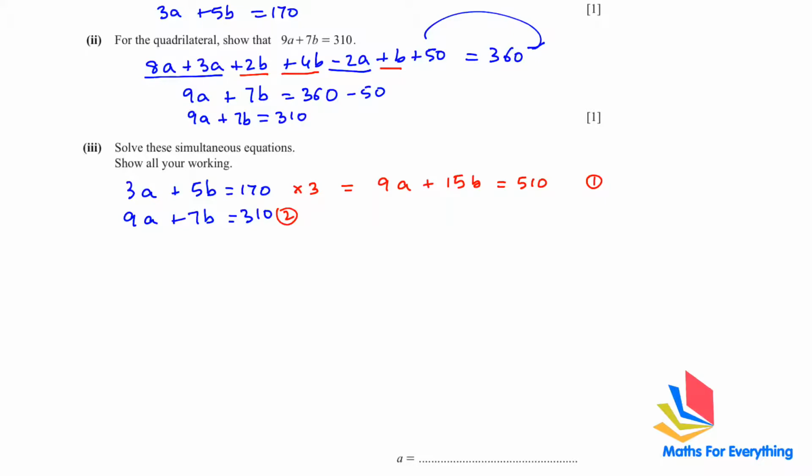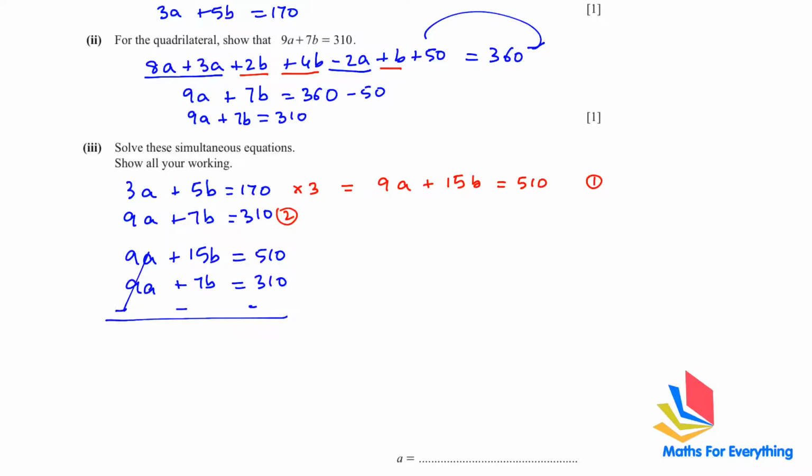We can subtract them. 9a plus 15b is equal to 510, subtract 9a plus 7b is equal to 310. When you subtract, we change the signs of each term in the last row, okay? This will get cancelled.